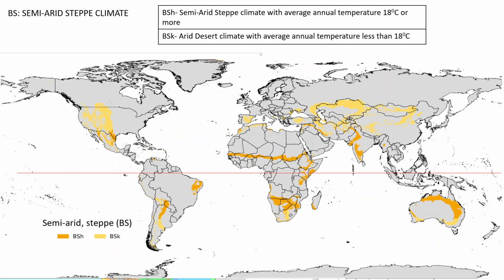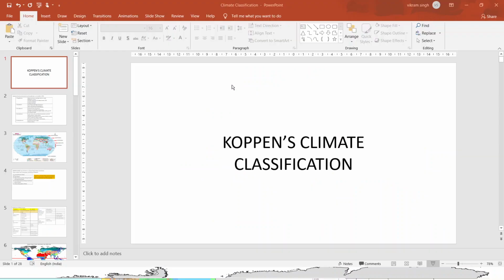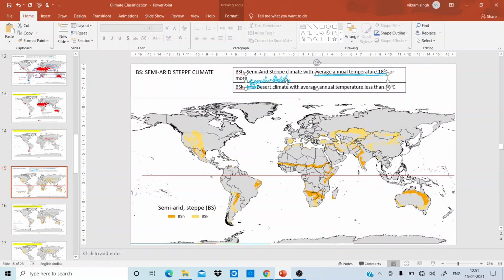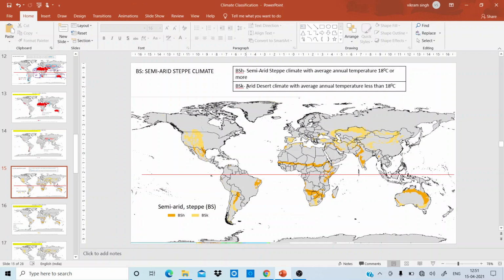The next is BS or semi-arid steppe climate. So if you see over here, they have the average annual temperature of 18 degrees Celsius or more, while BSK is, sorry, this is semi-arid. This is not arid. This is semi-arid steppe climate. Let me just correct it for you, otherwise you get confused.